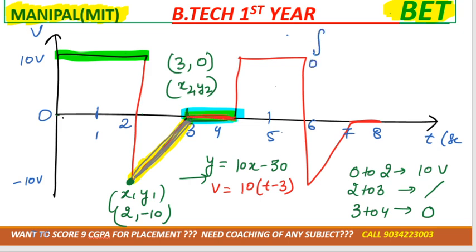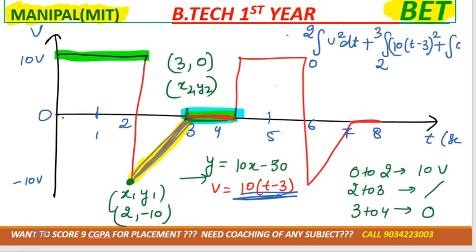In the starting our limit varies from 0 to 2, so it should be V square, right? What is the formula for power? V square by R, so that's why it should be V square dt, right? Again the limit varies from 2 to 3, so the value of V we are getting is 10 times (t minus 3), and we have to take the square of that. Plus that would be 0 only, so I'm not writing it, you can write it like this also, 3 to 4, 0 dt, right?